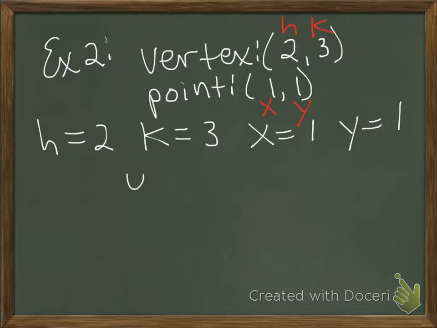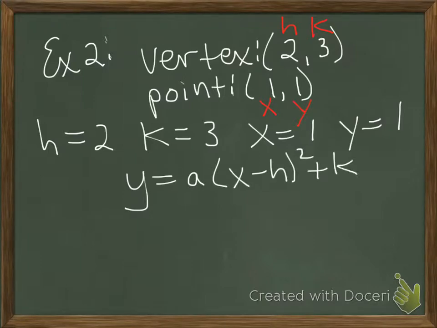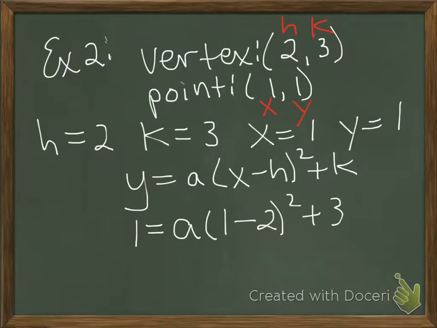y equals a times (x minus h) squared plus k. Alright, so y is 1, a is a, x is 1, h is 2, k is 3. So I have 1 equals a times (1 minus 2), which is negative 1, squared plus 3.